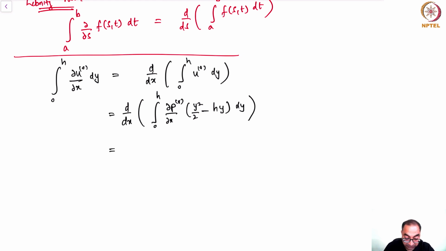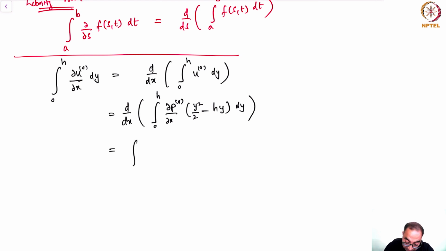And then we take the derivative of all the terms in this expression. So we can do a simplification here. I can do a derivative straight away, because if you notice here, ∂p0/∂x is a function of x alone.